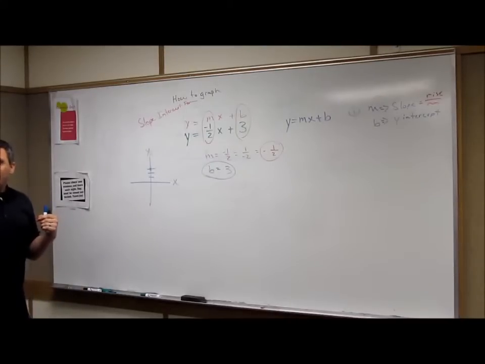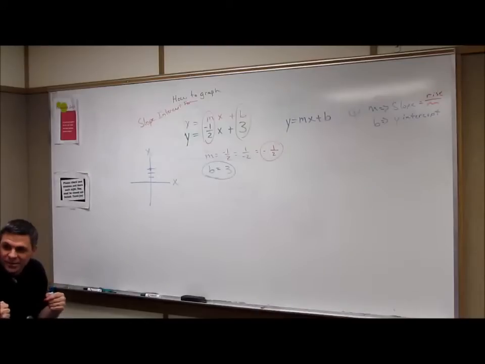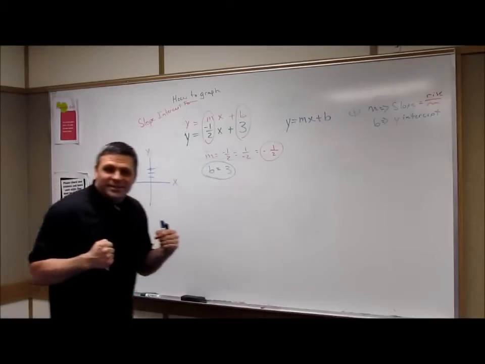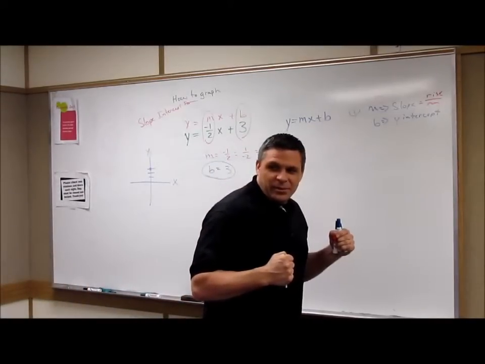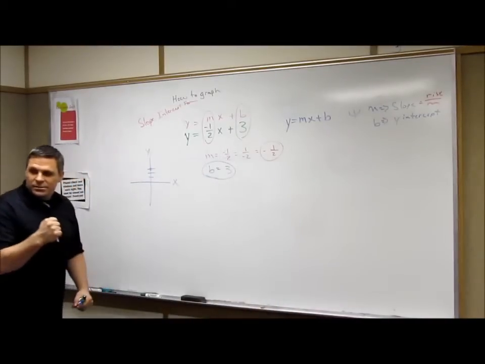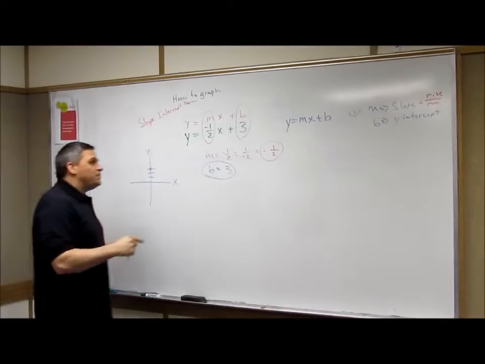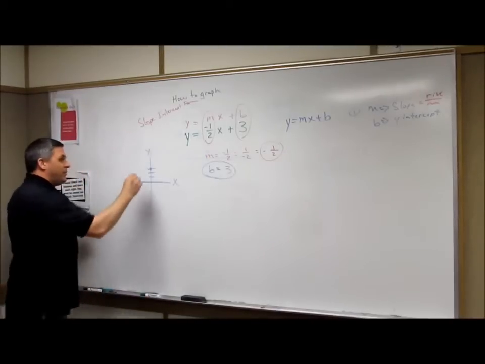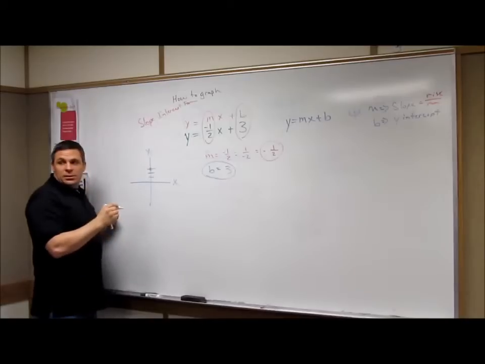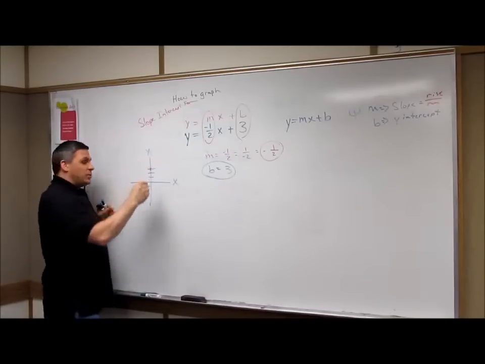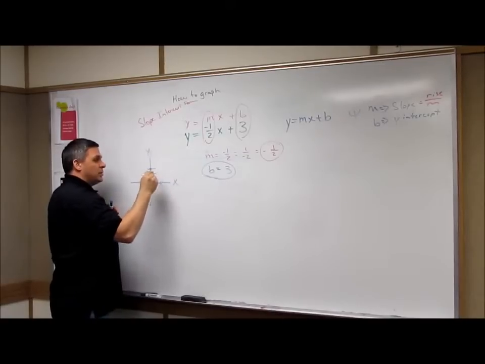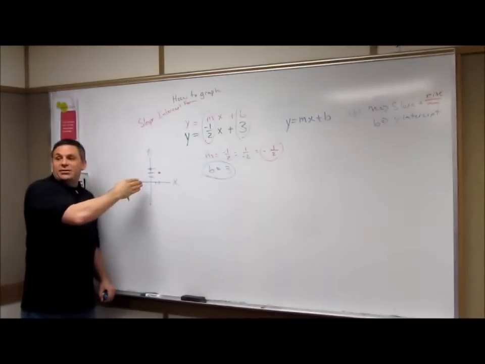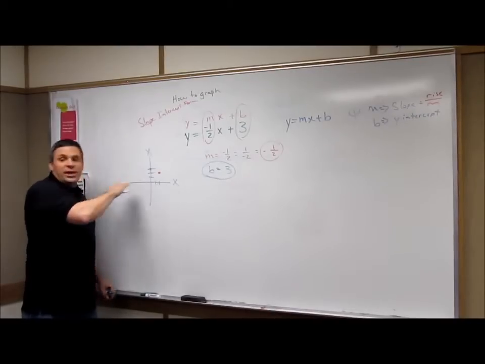So we're rising negatively or positively, running positively or negatively. Does that make sense? So I'm going to rise -1 from this point, and run 2. 1, 2. I'm coming down -1, and I'm running 2.